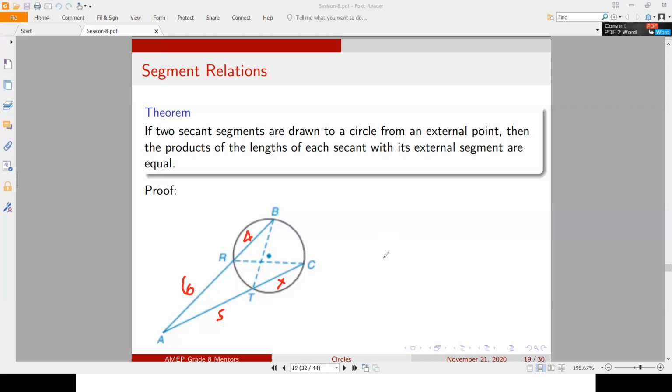Ano yung external segment natin? RA. RA is our external segment. Ano yung buo natin? The whole. Ano yung secant natin?